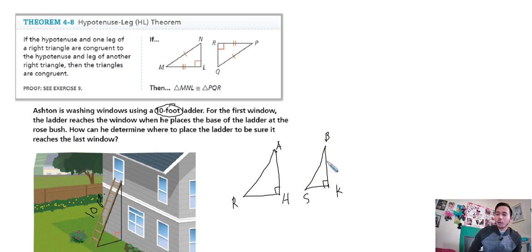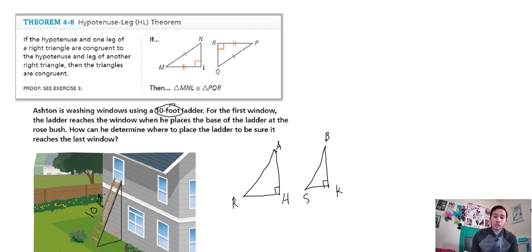Ashton wants to have AH equal to BK. If the two triangles are congruent, then he knows that AH is congruent to BK by CPCTC.